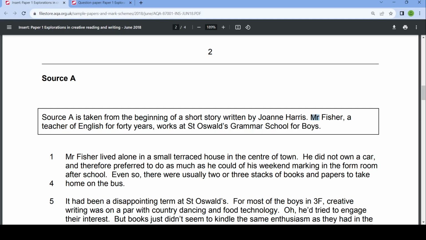Mr. Fisher, a teacher of English for 40 years, works at St. Oswald's Grammar School for Boys. So there's a little bit of contextual information that will be useful for you because remember, you don't have much time in the language exam. Okay, timing is absolutely critical. You have to use military timing.